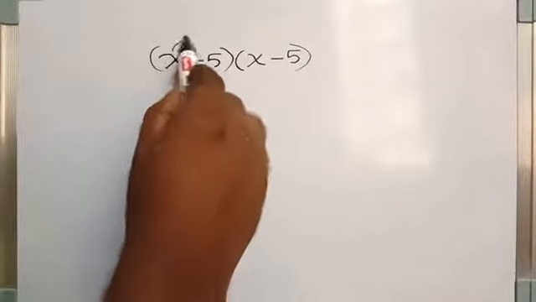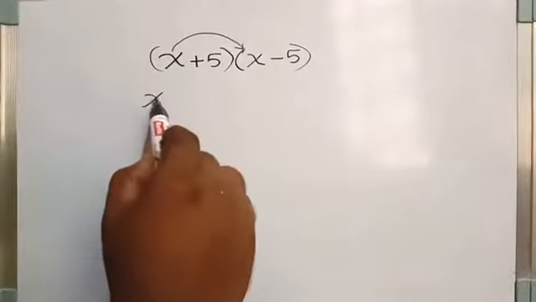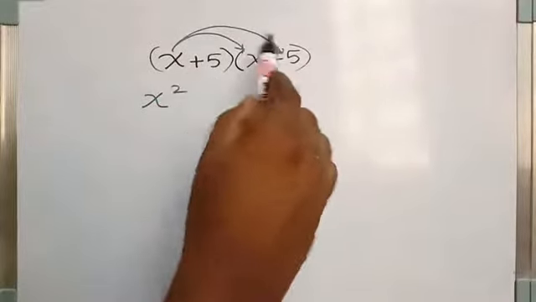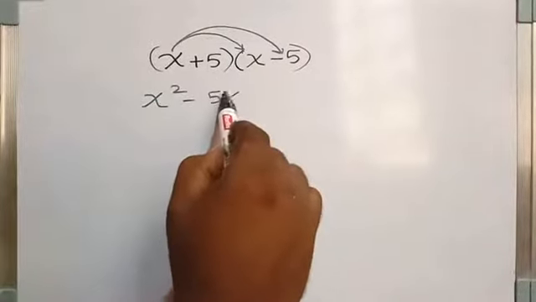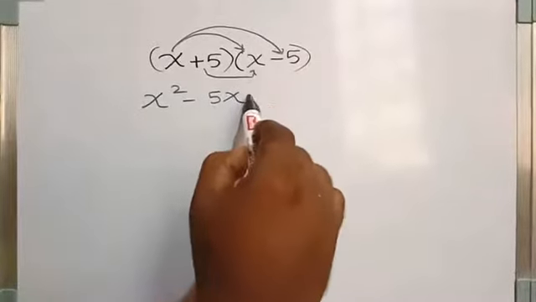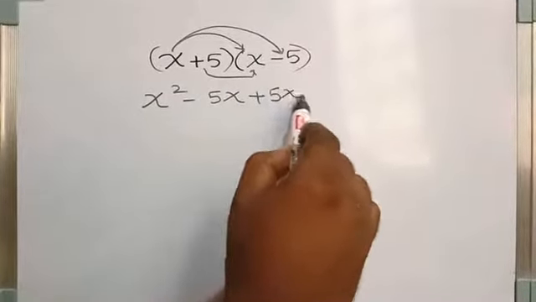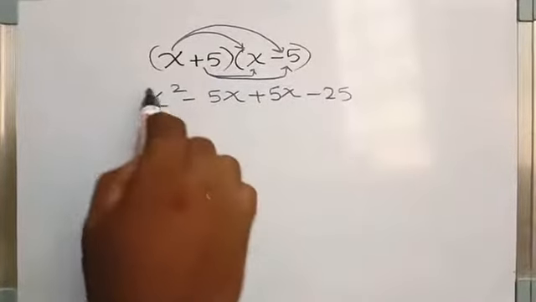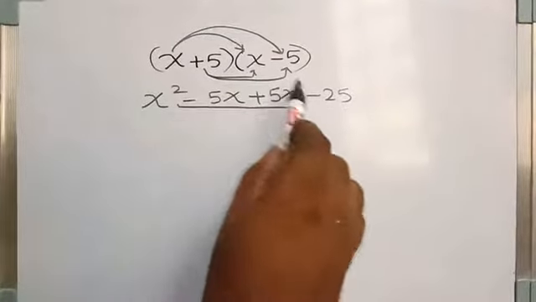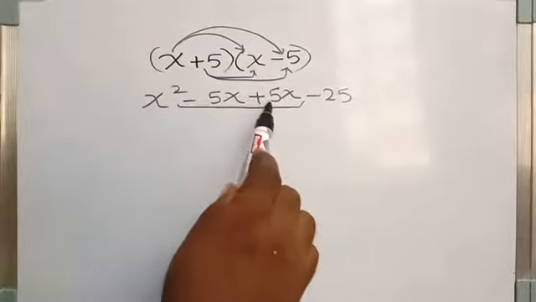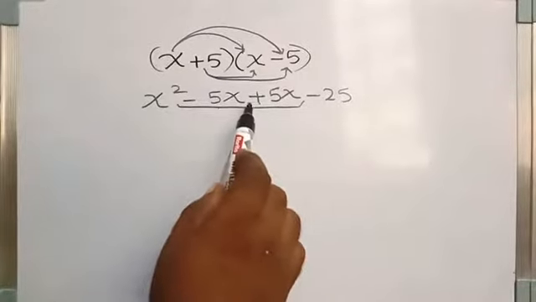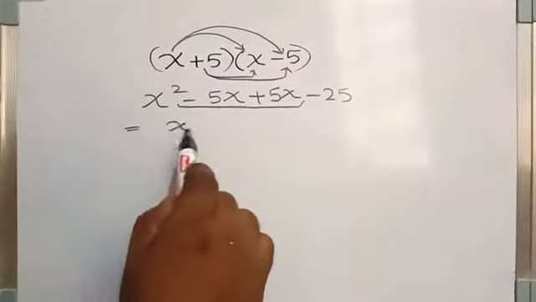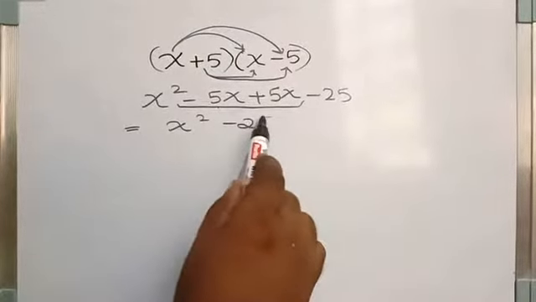We get x squared minus 5x plus 5x plus into minus 25. Here the middle terms are like terms. Minus 5x plus 5x is 0 because 5 minus 5 is 0. So our result will be x squared minus 25.